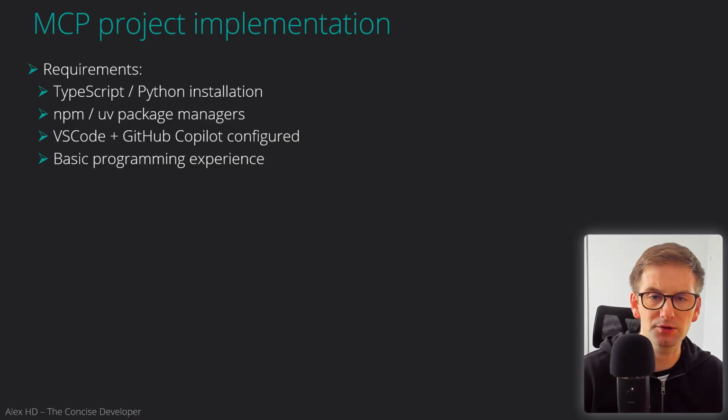I see no other reason not to use VS Code. And also, to get fast feedback about the MCP development, GitHub Copilot is a great tool. Also, of course, you will need at least basic programming experience to follow this tutorial. This being said, let's start to implement this MCP project either with TypeScript or with Python.